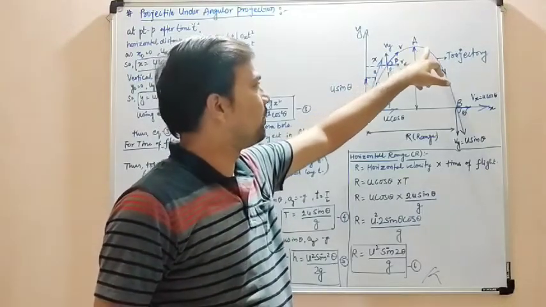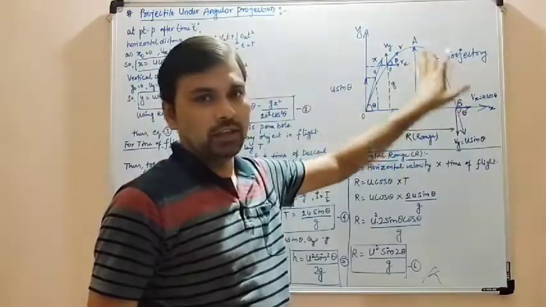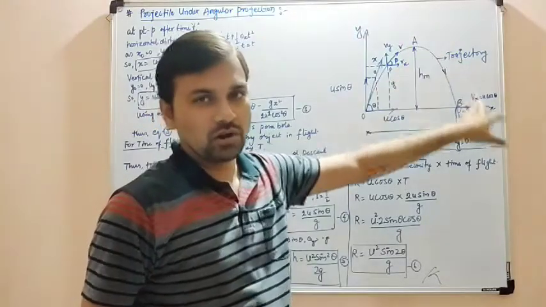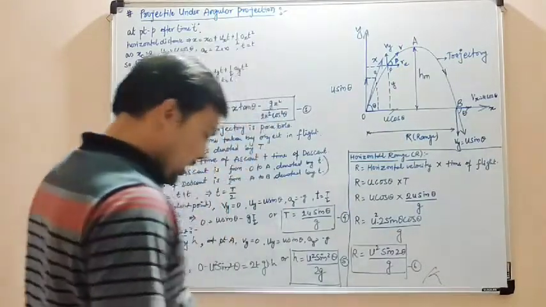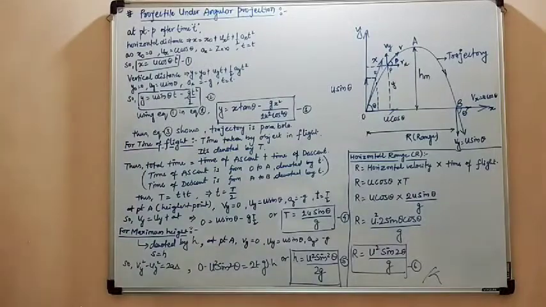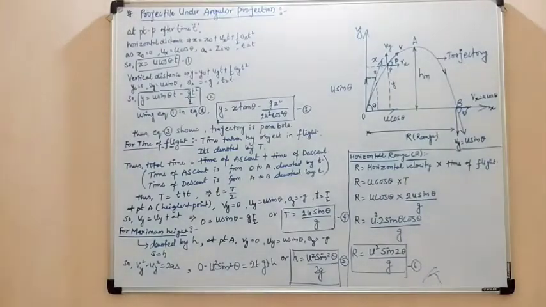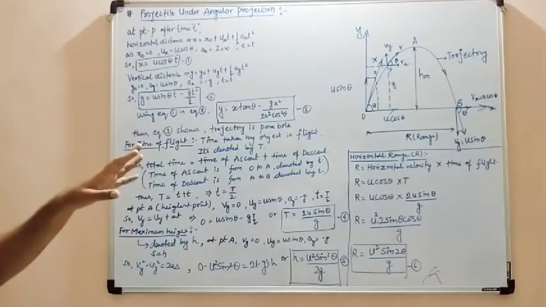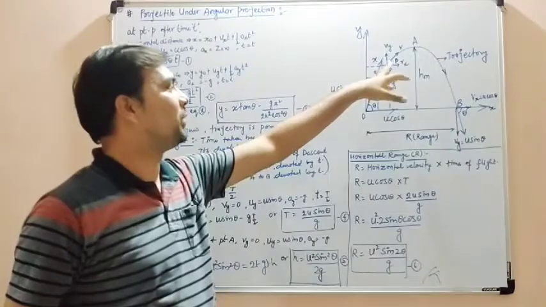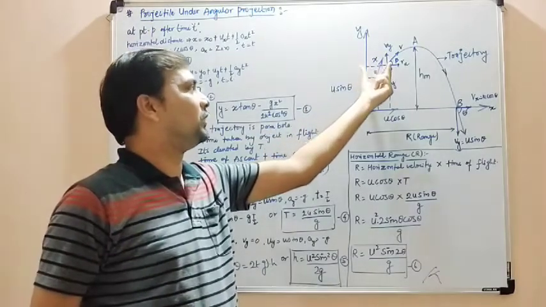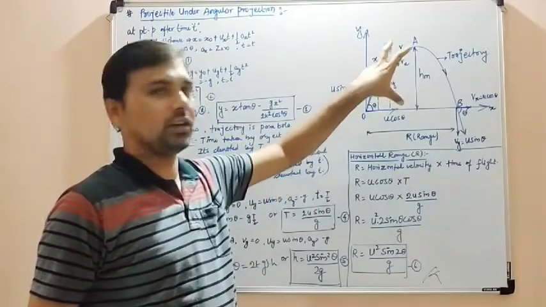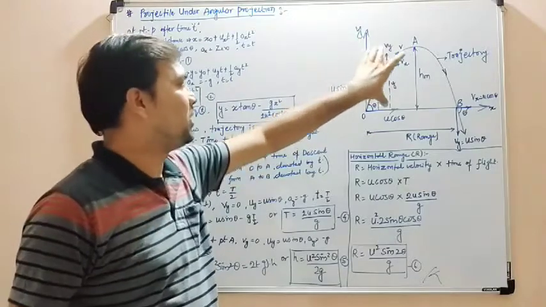After that, when the particle moves downward, its velocity keeps increasing. To solve this, we have to go through certain parameters and derivations, so that we can find out the condition of x and the condition of y at point P.